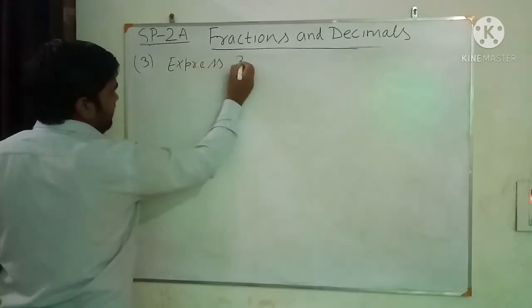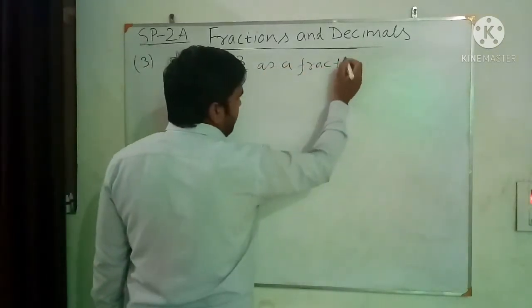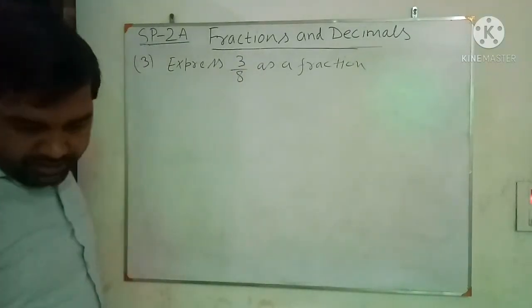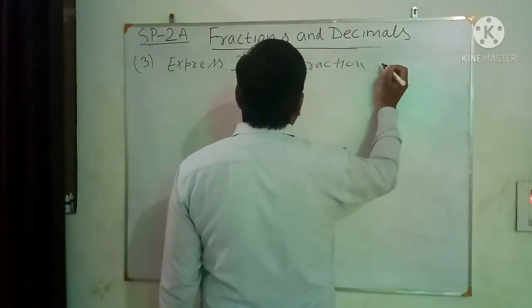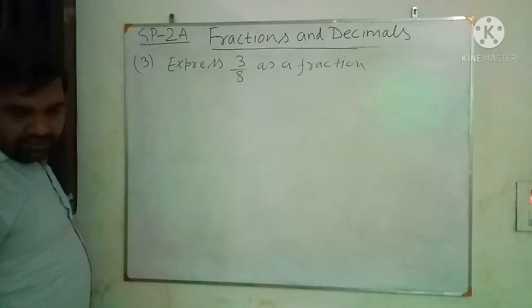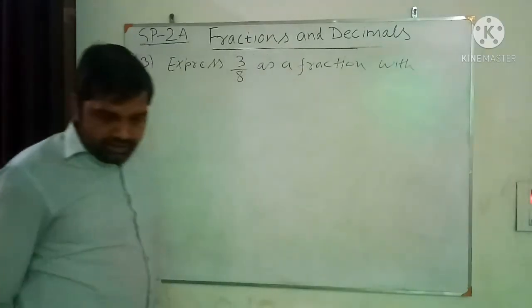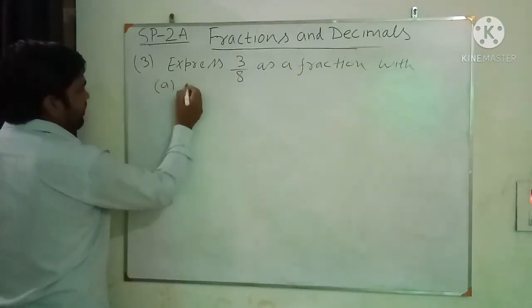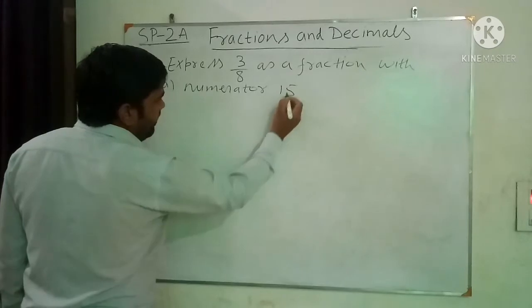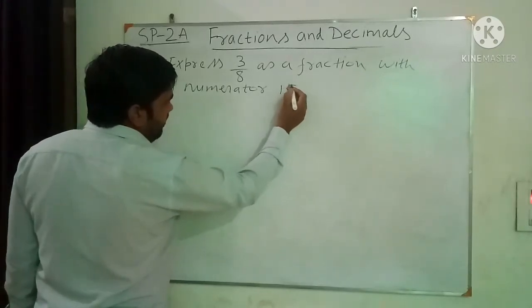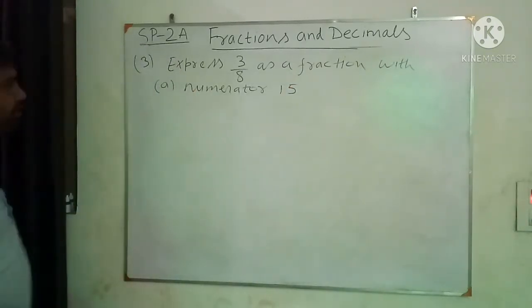In the first part, 3a, we have to express 3 by 8 as a fraction with numerator 15.